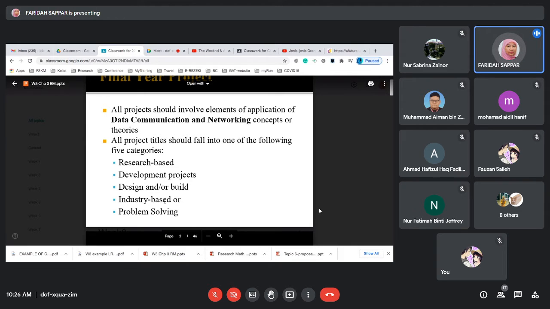Industrial base, this one I think you all don't have, you don't do industrial base. Basically, for those who do something like a restaurant, it is supposed to be a little bit of that. That means you do a case study with the industry, so that means there is a problem.